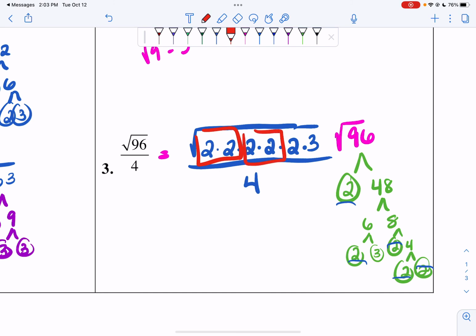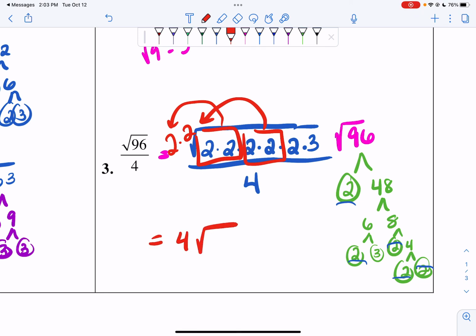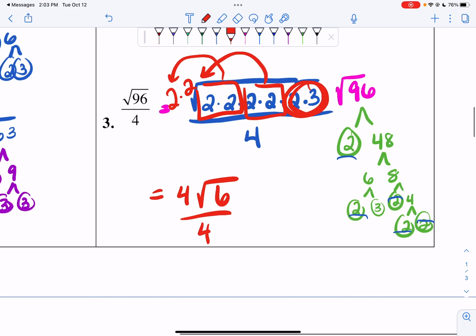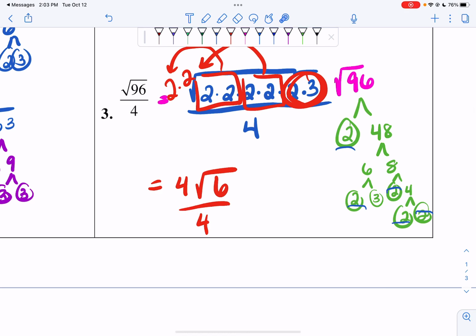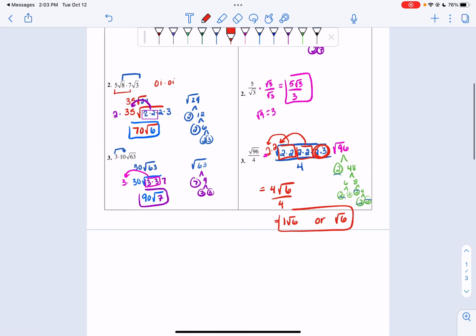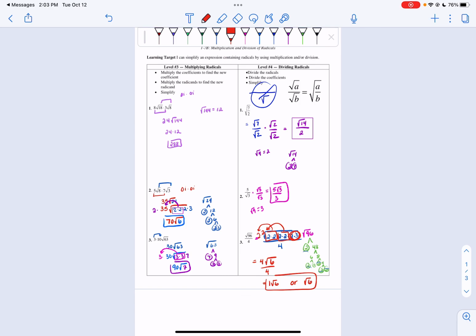Double, double becomes a 2 times 2. So 2 times 2 is 4, so I have 4 radical 2 times 3, which is 6, over 4. Well, we have to divide. 4 divided by 4 is 1, so I just get 1 radical 6, or I can just write radical 6. And that's your final answer. If you have any questions, please email myself or Miss Colorundo.